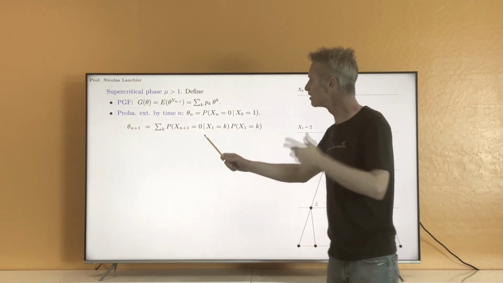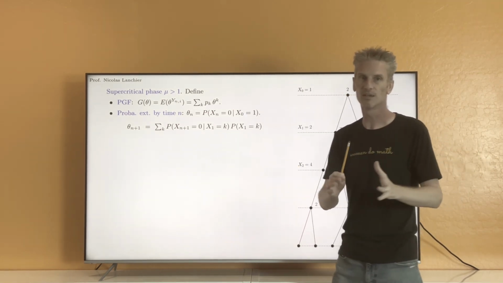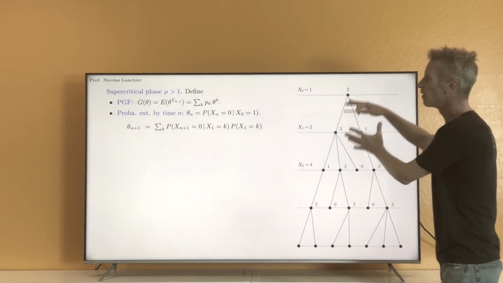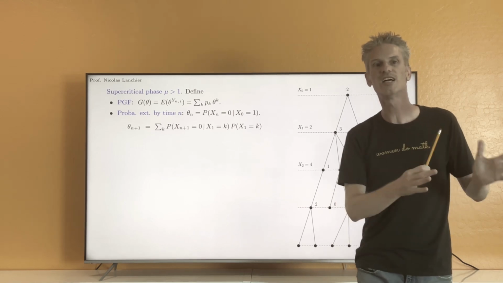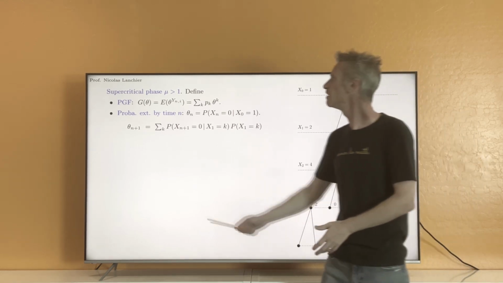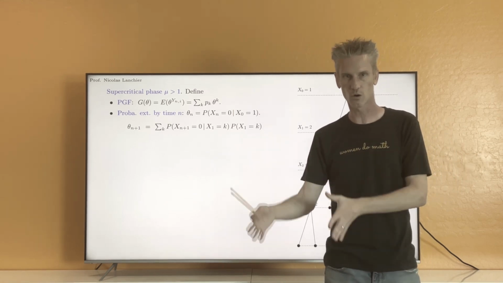In this case, have in mind that because things are homogeneous in time, the rules of the process, like the number of offspring per individual, do not change in time. This Y n i is always the same in distribution for all n.